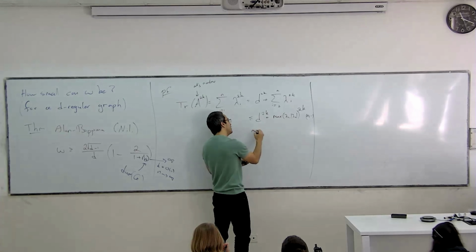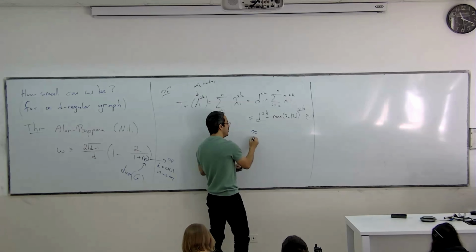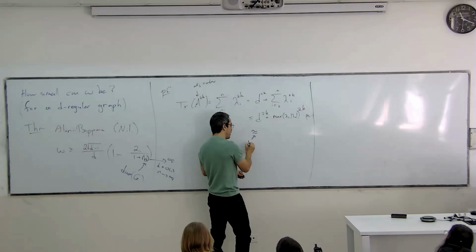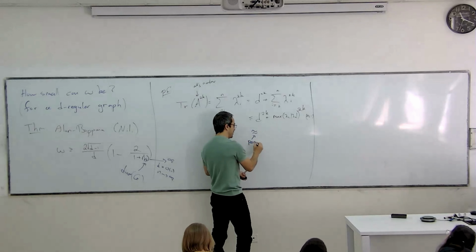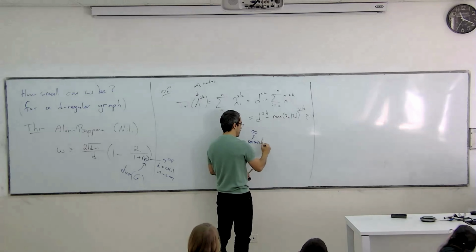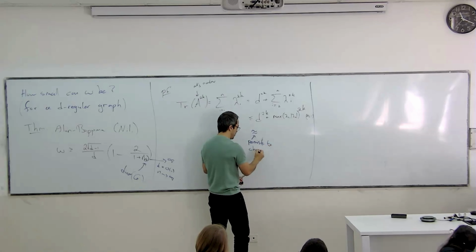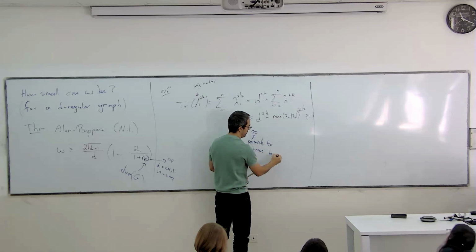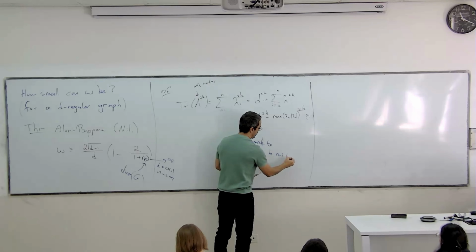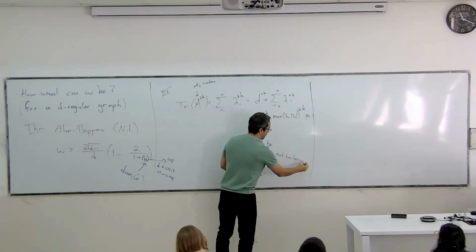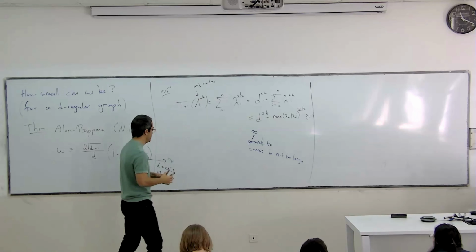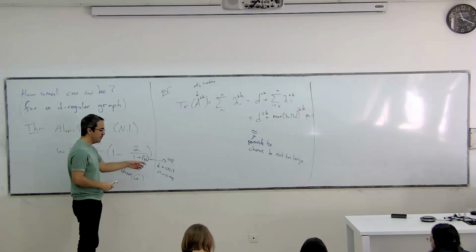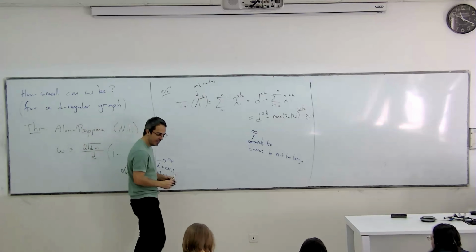So let me just say that this is roughly the same as, because I promise to choose k which is not too small, not too large. Log n to the base d, the diameter or something, but it doesn't matter anymore.